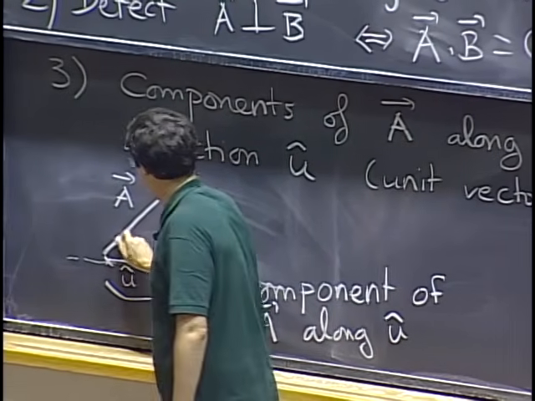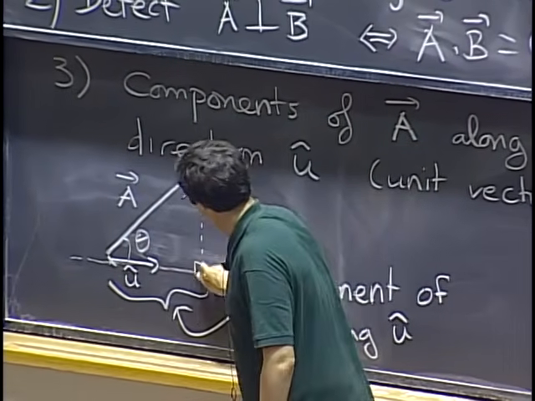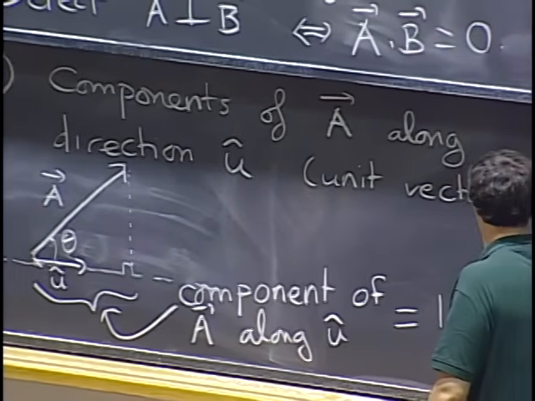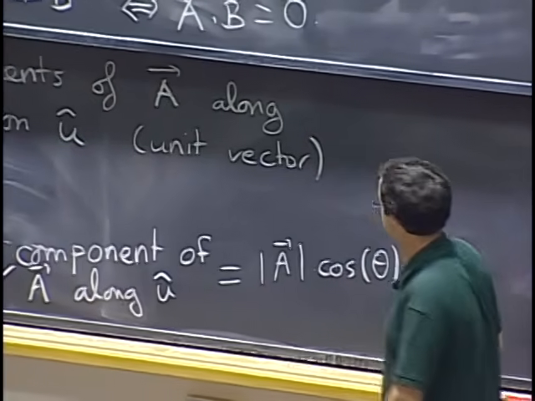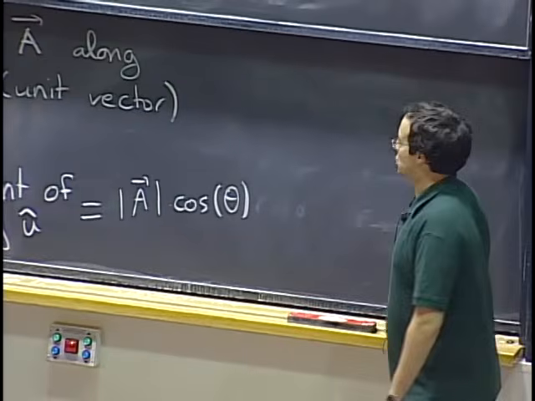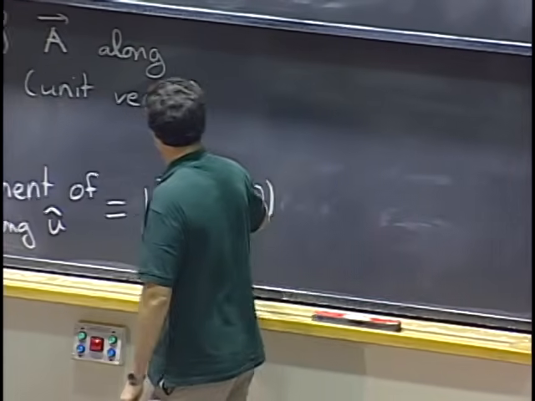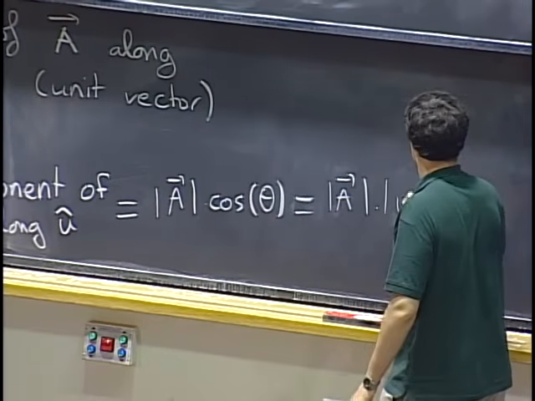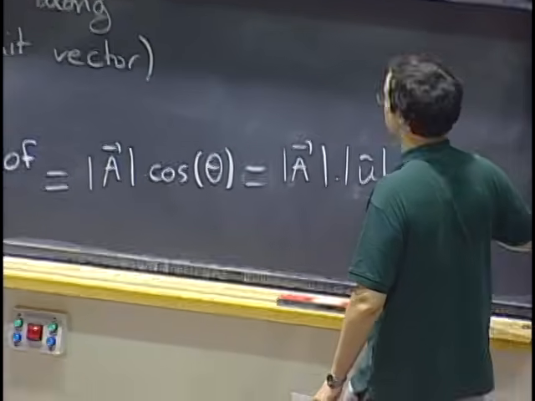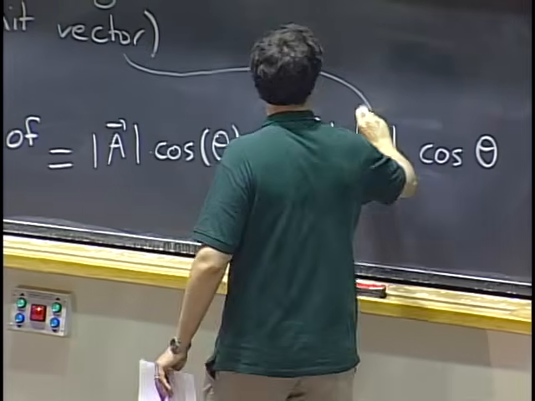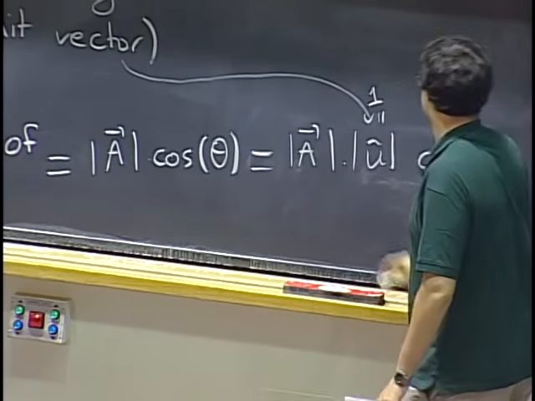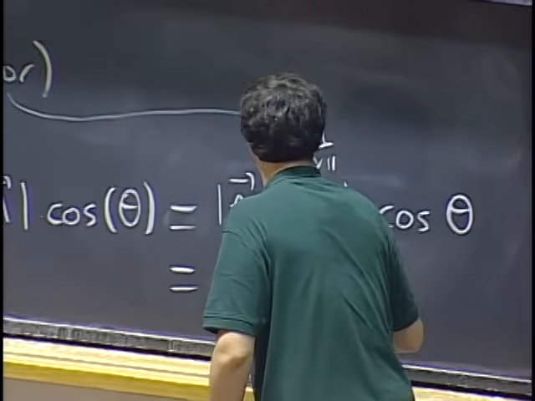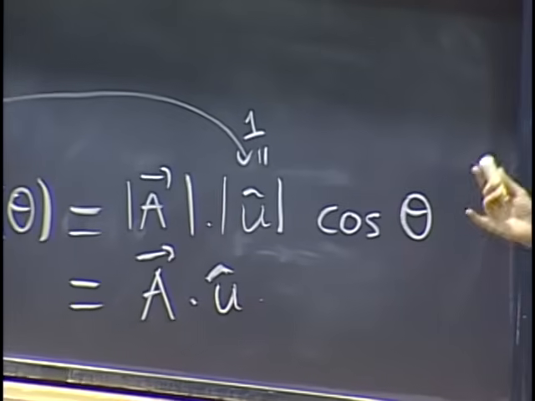We know that here we have a right angle, so this component is just length A times cosine of the angle between A and U. But now that means we can compute it very easily, because that's the same as length A times length U times cosine theta, because U is a unit vector. That means this is equal to 1. And so that's the same as the dot product between A and U. Okay? So that's very easy.